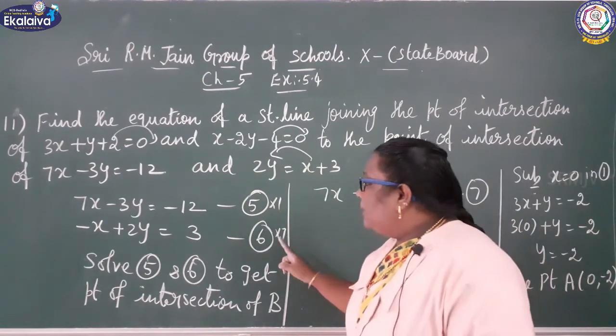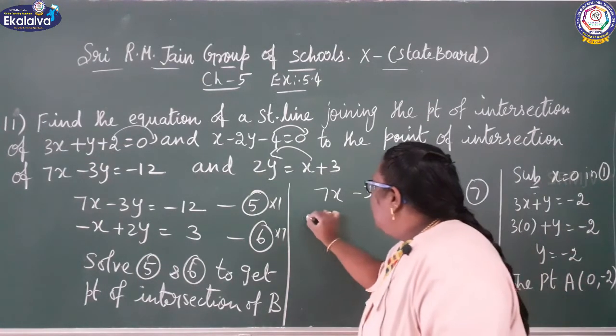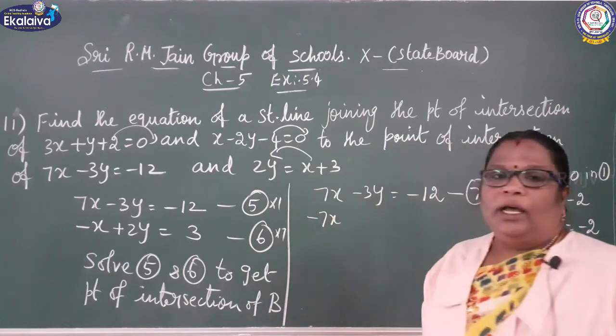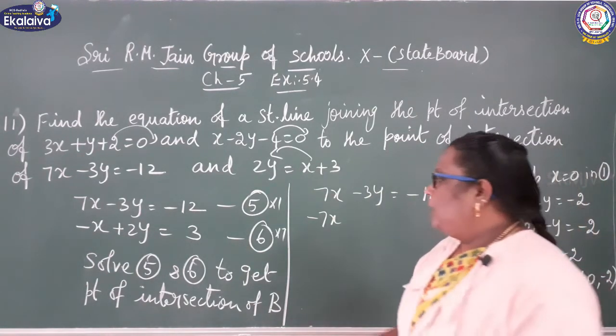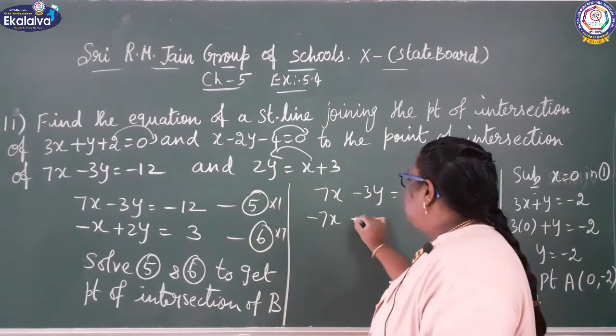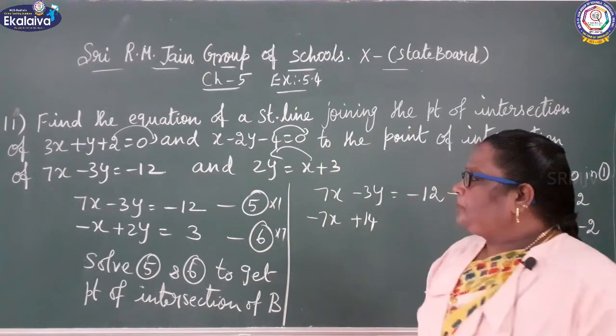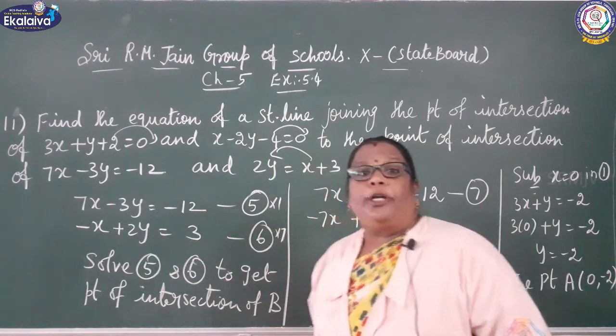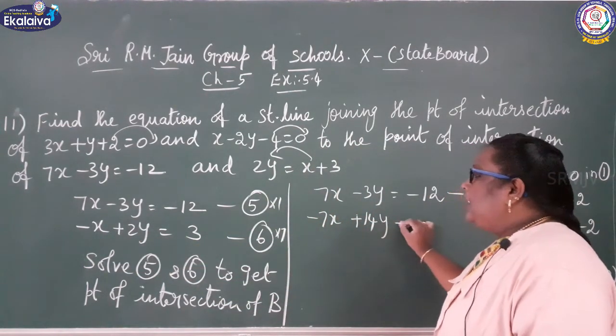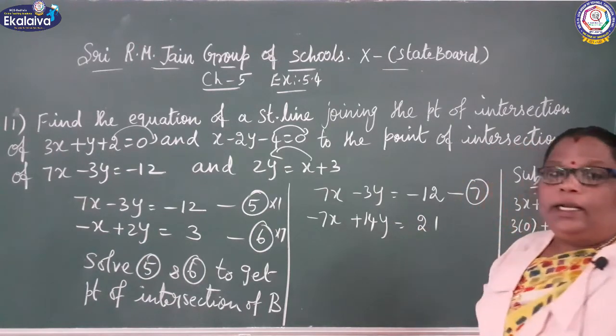This equation multiplied by 7 gives minus 7x, which can cancel. You can choose to cancel either x or y. Plus 14y, 7 twos are 14, 14y equal to 21.